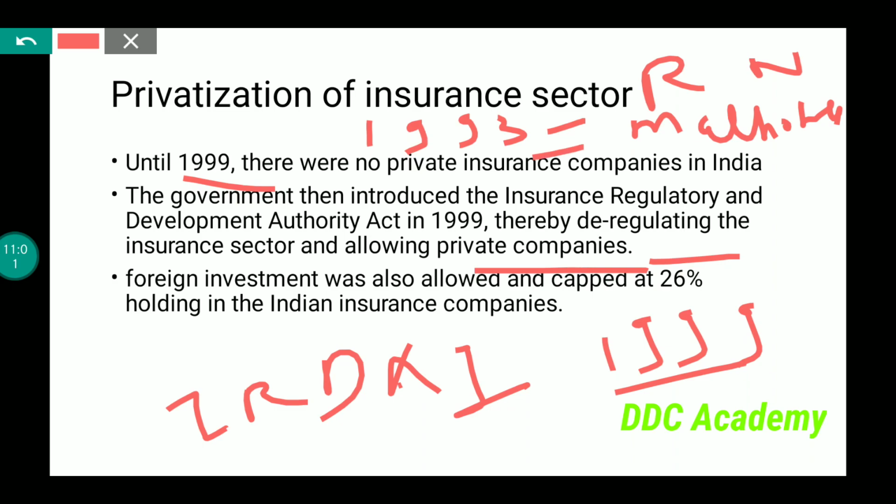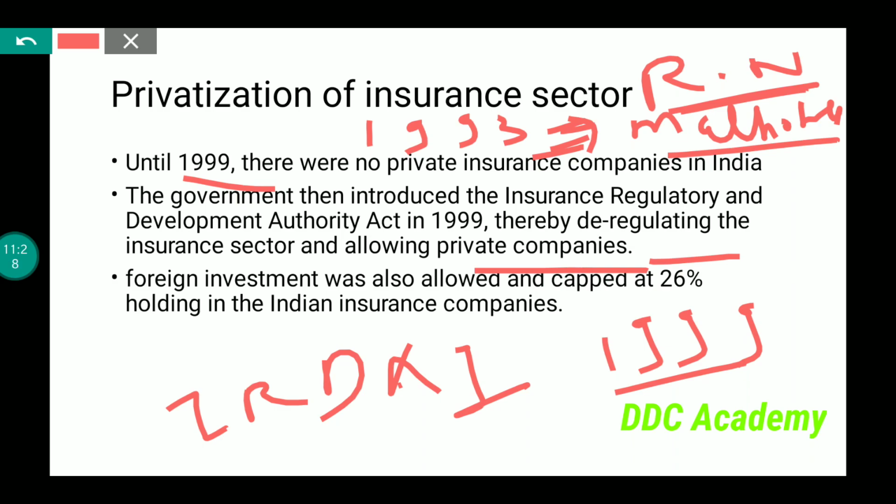Due to the recommendation of this committee, insurance business in India got privatized, but it took 7 years to come into effect. So finally in 2000, after forming the IRDA Act in 1999, the insurance sector was privatized.